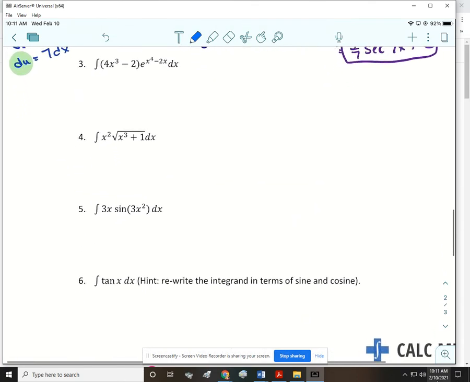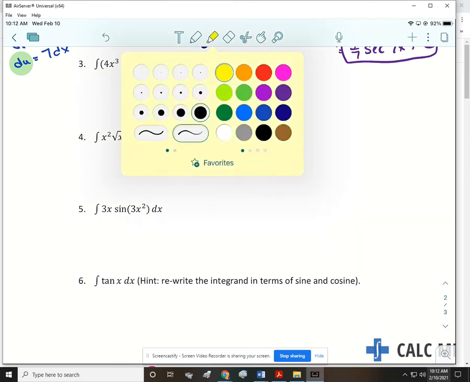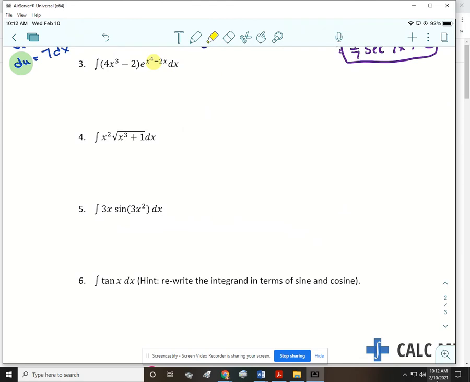All right, so this one is kind of weird. So I want you to look at it, think about what is the inner function and what could possibly have something to do with the derivative of the inner function. So on this one, my inner function is the x to the 4th minus 2x.